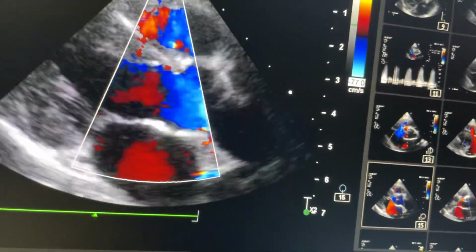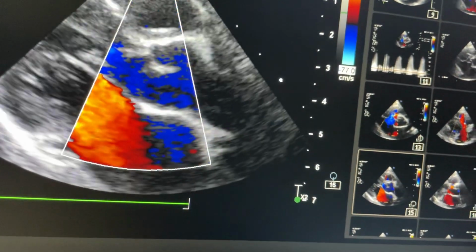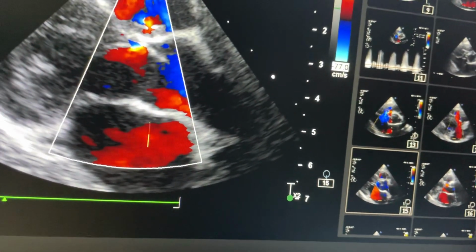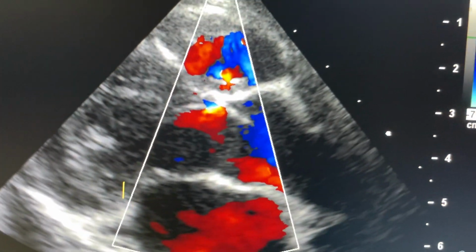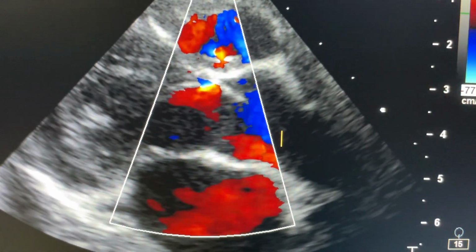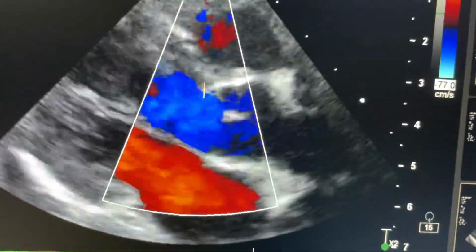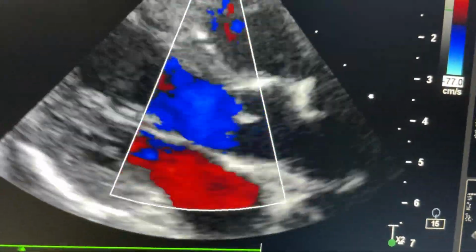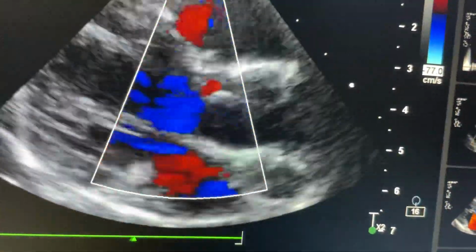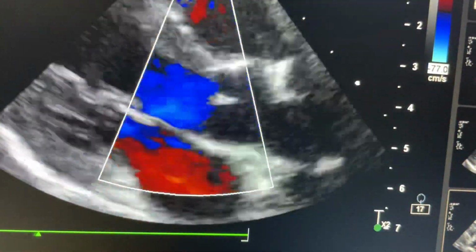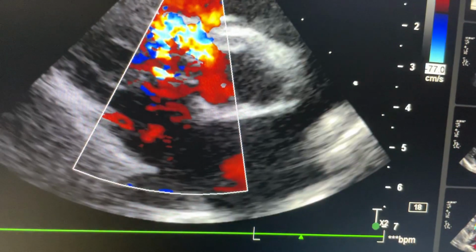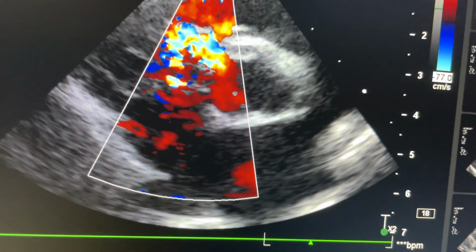Again you see, this is the image. This is the left atrium, this is the left ventricle, this is the aorta, this is the aortic valve. Just see the Gerbode defect again.